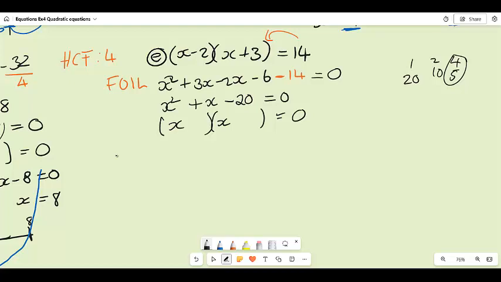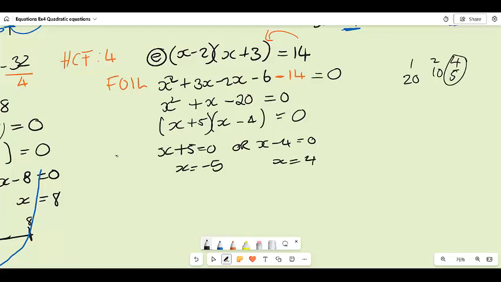So I want a positive 1, so that's going to be plus 5 minus 4, and that gives me plus 1, and it also gives me minus 20. So x plus 5 equals 0, or x minus 4 equals 0. So x equals negative 5, or x equals positive 4.